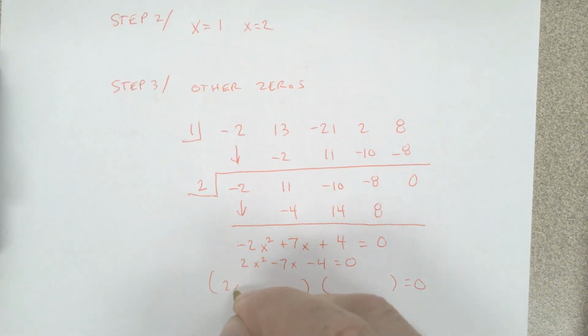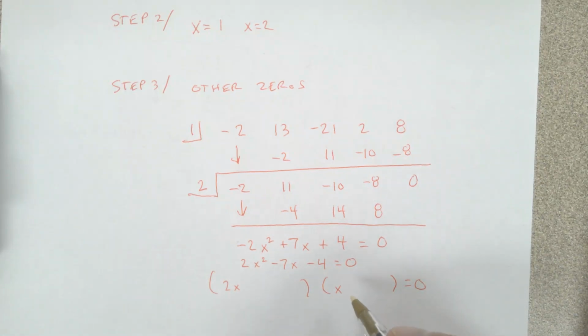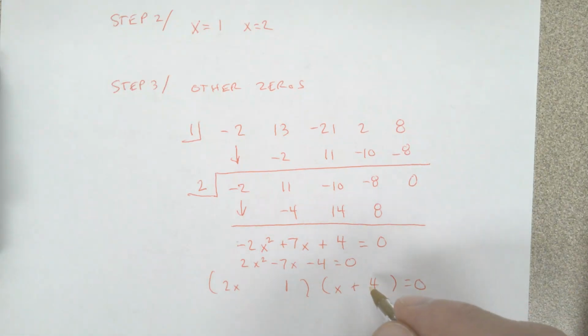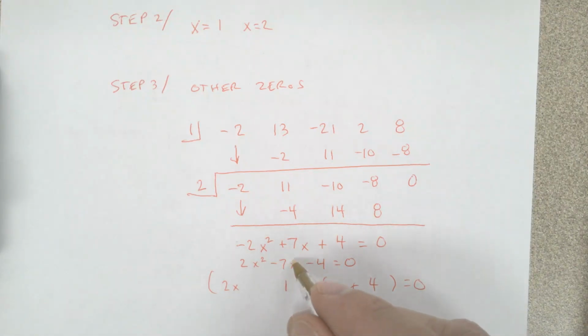I know that 2x and x are going to be my first terms. We're looking for factors of 4 that are going to pair up with 2 and 1. I'm going to put the 4 here to get me 8, and I'm going to put the 1 here so we can make this positive 8. No, we want a negative 7 in the middle.